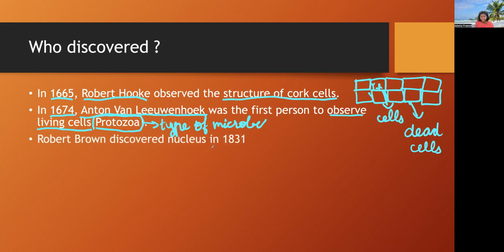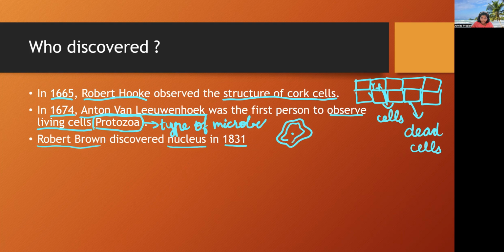Then after this, in 1831, Robert Brown discovered the nucleus. So what is a nucleus? So if we take a cell here, in the center we can see a dot of sorts.